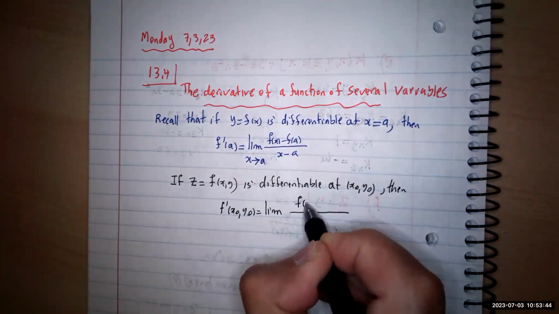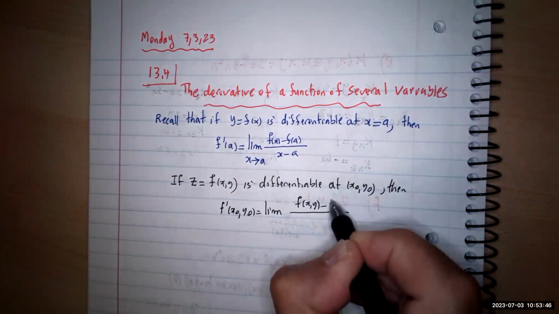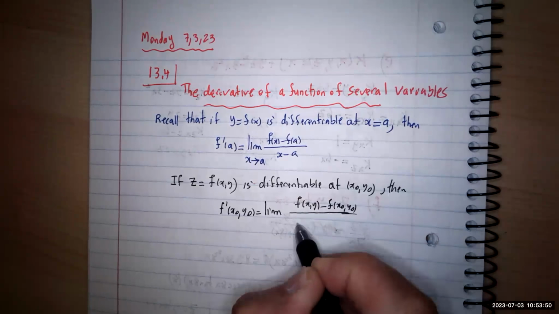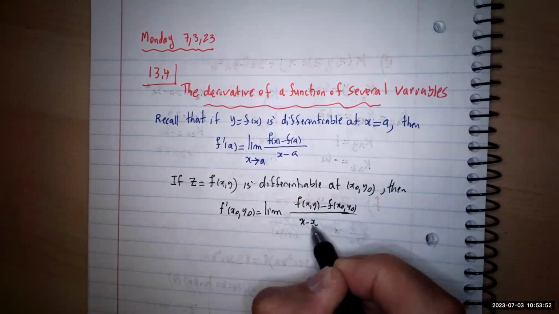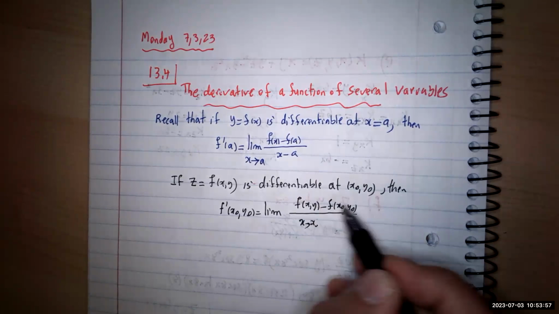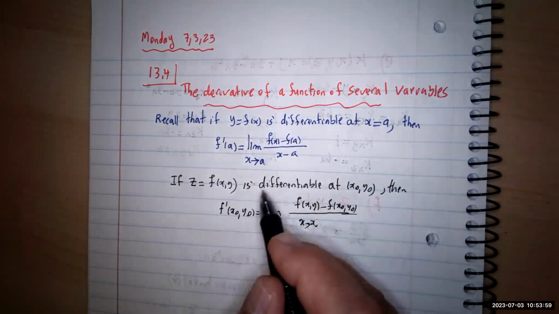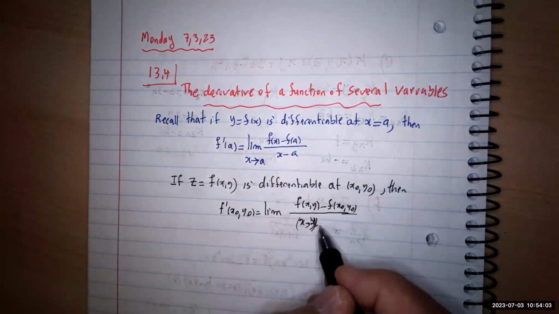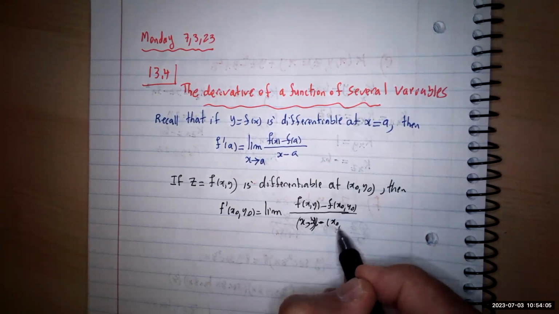f of x comma y minus f of x0 comma y0 divided by the difference between x, y and x0, y0.